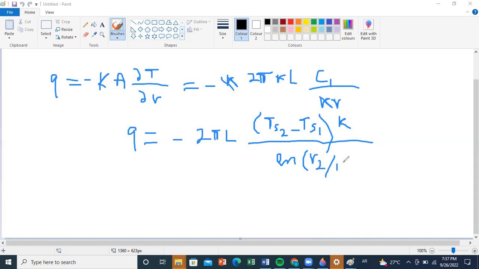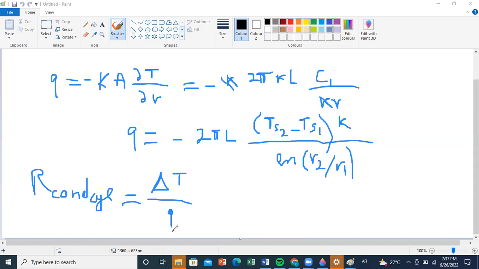And now we can deduce the resistance in conduction, because we can say that the resistance in conduction in case of cylindrical wall can be calculated from delta T over Q.